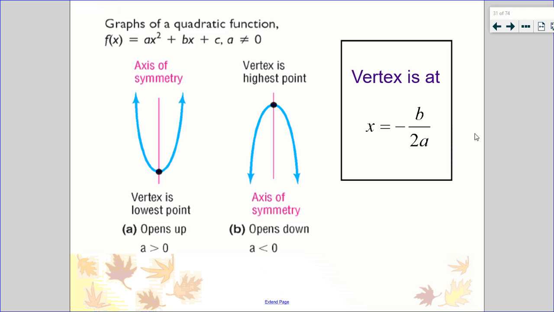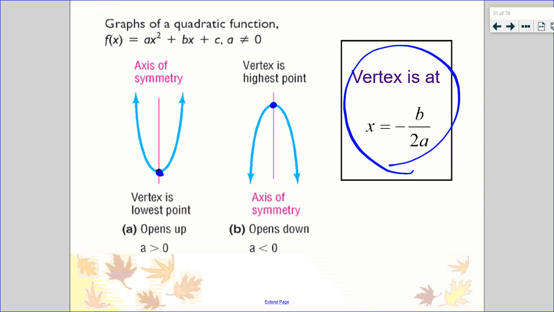So the -b over 2a will give you the x-coordinate of the vertex. That is something you'll need to write down, highlight, you'll need it for the test, and you'll need it for the notes, because that's how we know where the parabola is either at its lowest for an upward parabola or at its highest for a downward parabola.